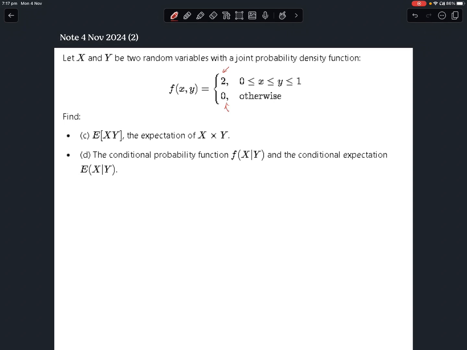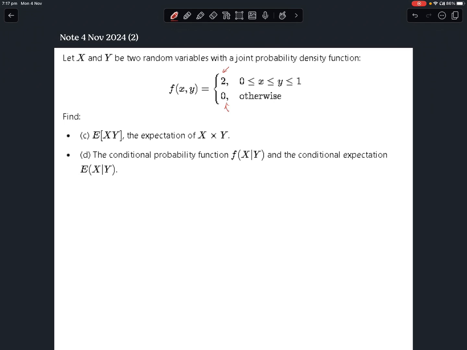For part two, we are asked to find the conditional probability of x given y. This tells us the probability density distribution of x if we already know the value of y. Then we will calculate the conditional expectation, which is the average of x under the condition that y is fixed.